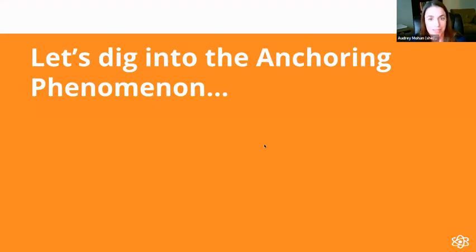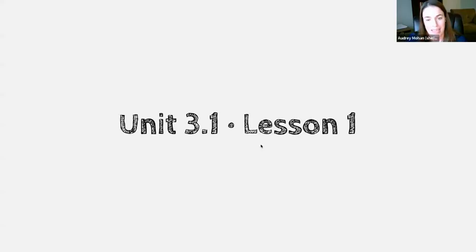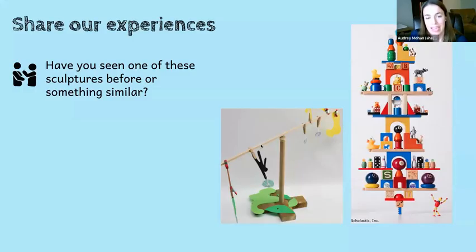Okay, so let's get to the fun part and dig into the anchoring phenomenon for this unit. So we want to launch the unit with sharing our experiences with some interesting art. So there are two pieces of art on the slide, and we'll ask the students, have you ever seen sculptures like these before?